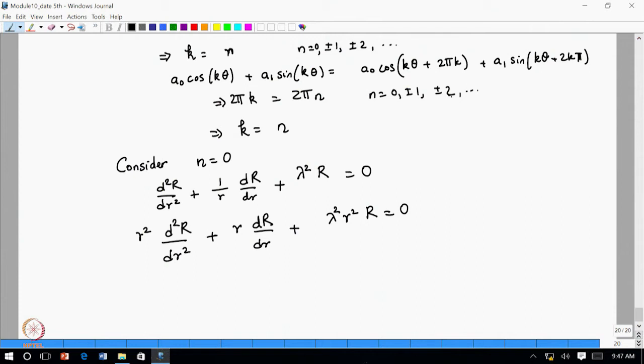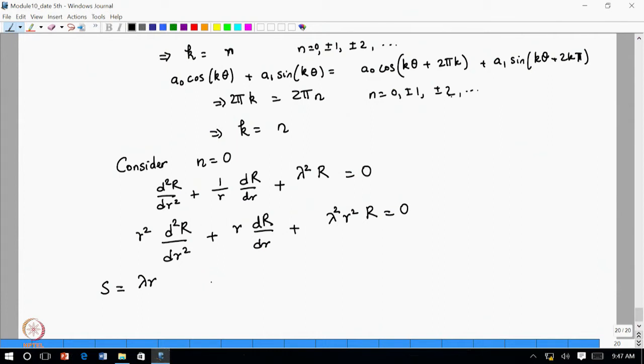Okay. Now, let me choose a variable. So, let me put s equal to lambda r. Then r square will be s square divided by lambda square, okay, but d square r by dr square will be lambda square d square r by ds square.